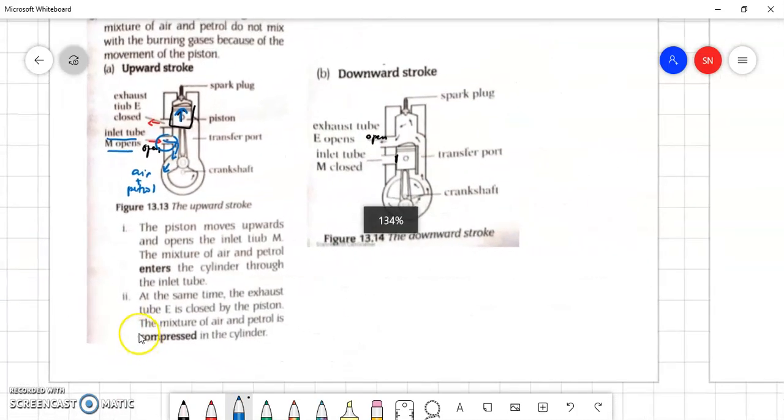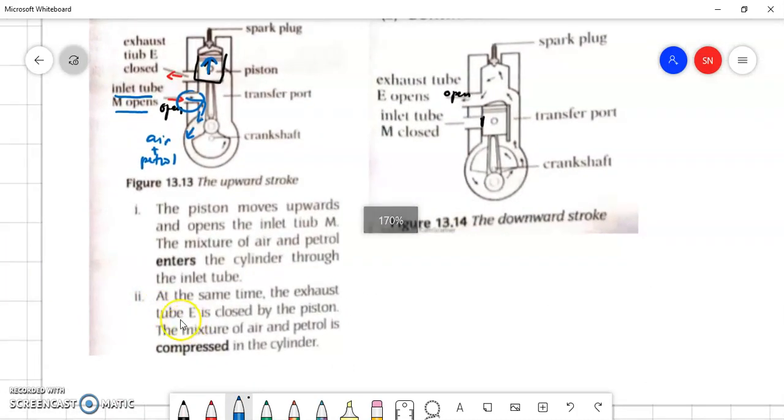At the same time, in this stroke, the exhaust valve is closed, therefore the mixture of air and petrol is compressed in the cylinder.